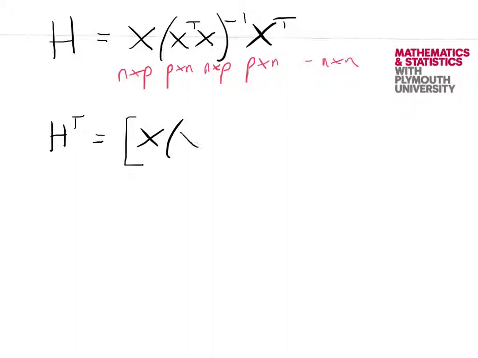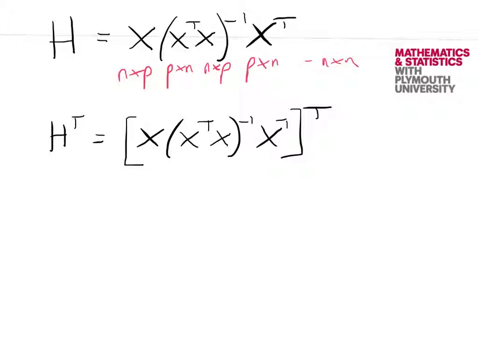So we're trying to transpose the term X (X transpose X) inverse X transpose, and we can use the rule that the transpose of a product is the product of the transposes in reverse order.